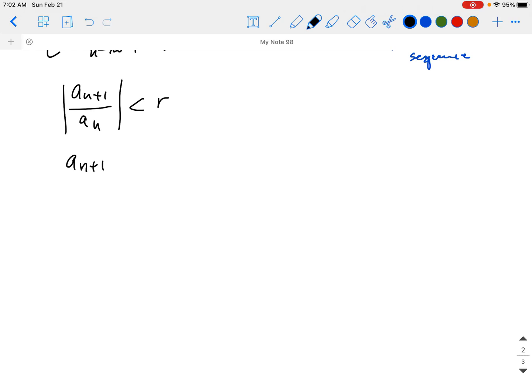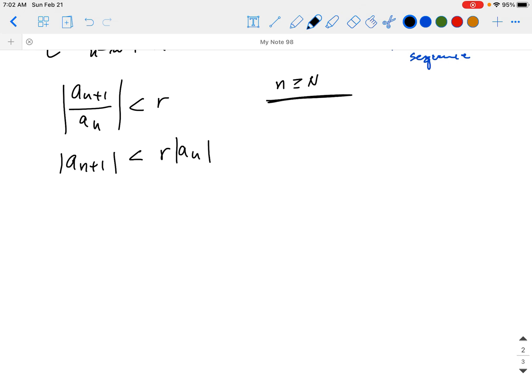So we get that a sub n plus 1 is less than r times a sub n, again all in absolute values. And now we can begin to construct an argument, where we're looking at these values where again n is greater than or equal to capital N.